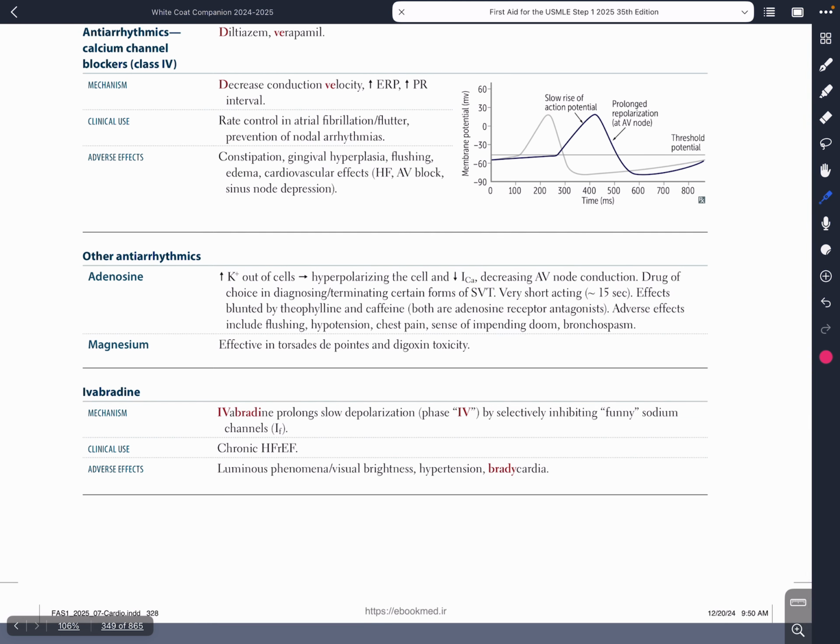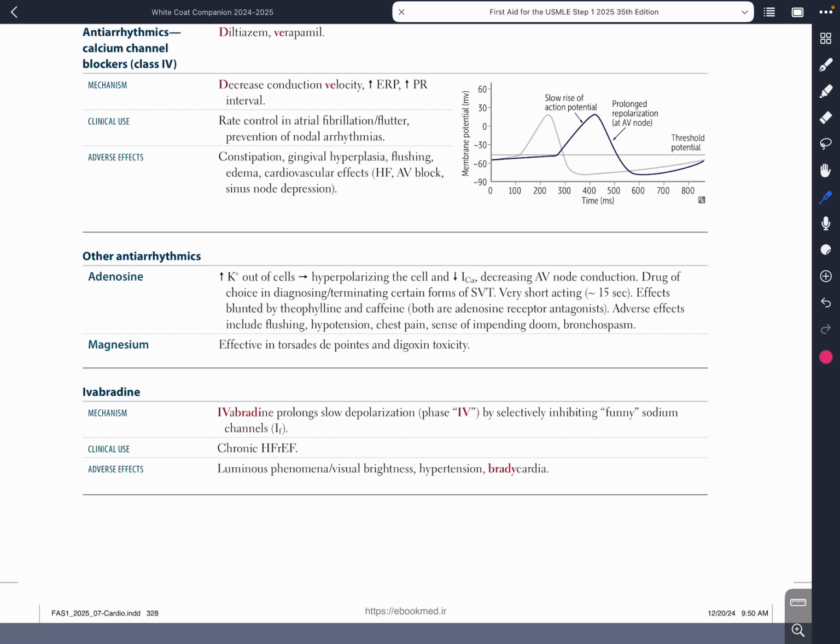Okay, another antiarrhythmic is adenosine, and then lastly magnesium. Magnesium does not have a clear defining role in antiarrhythmics, but in First Aid it is still included. So let's see what adenosine is. Adenosine is a very fast acting drug.